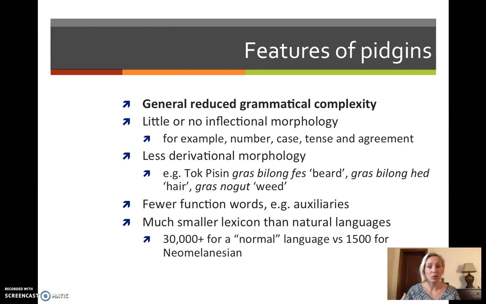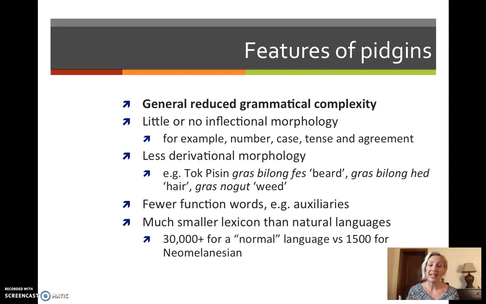Very often pidgins will lack that. Case, tense, so I did versus I do versus I will do. Those things are missing. Or also agreement, so I walk but he walks. All those morphological endings are very often completely eliminated in a pidgin.